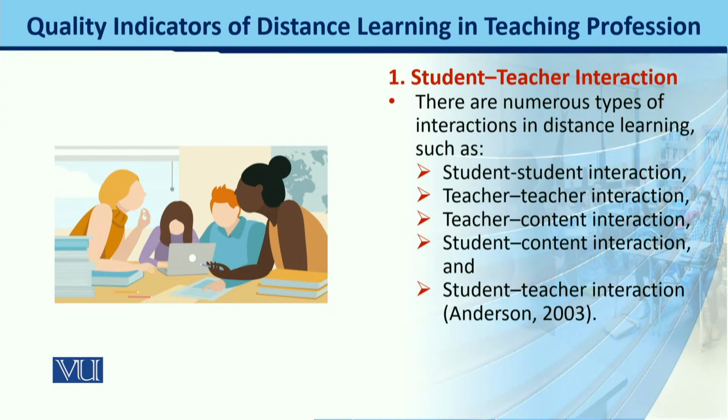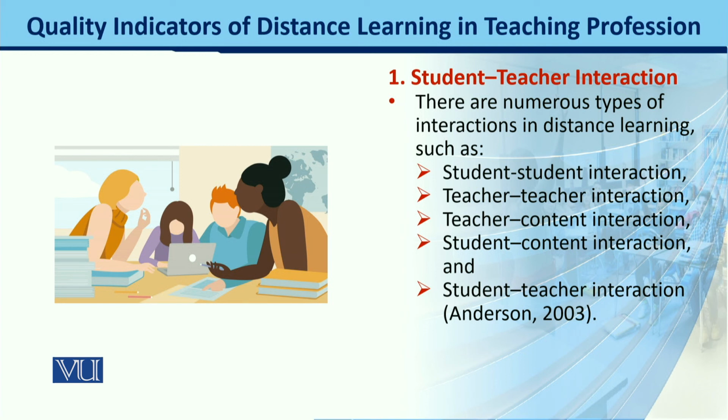Student teacher interaction, this is important. When we talk about interactions in the teaching learning process, there are student-student interactions: one student is available here, he or she is interacting with the other one. Teacher-teacher interactions, if they are in the staff room in the same department or same college, they can interact with each other.